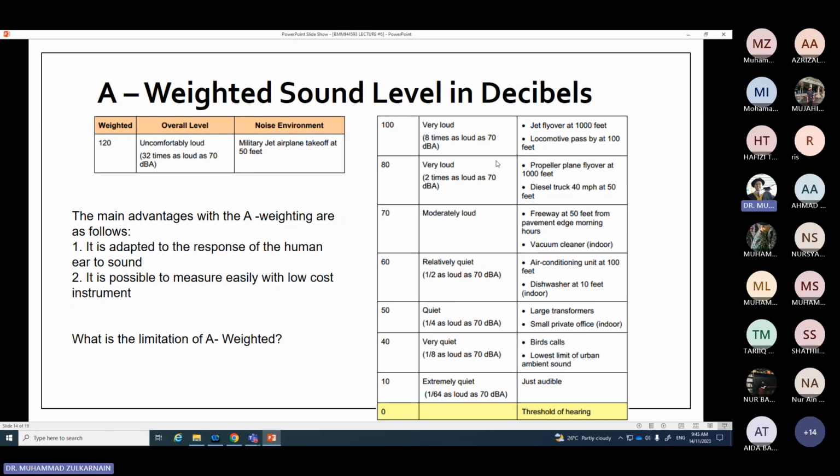And then when we go to other conditions, a giant flyover is around 100, a propeller plane flyover is around 80 decibels, and then down to extremely quiet, around 10 decibels.